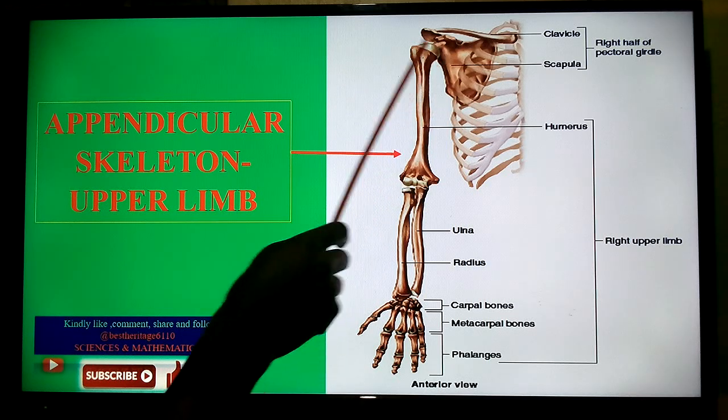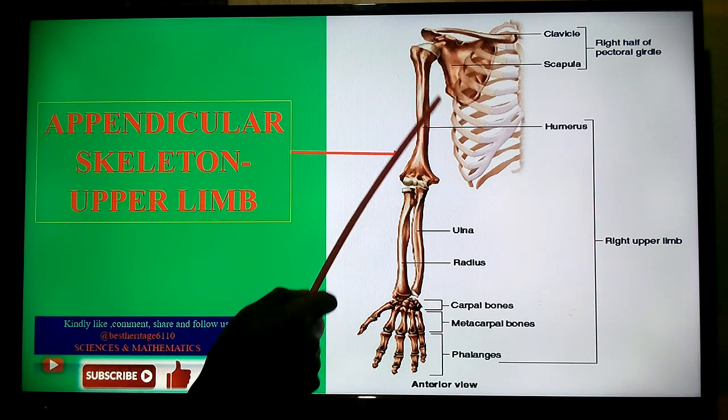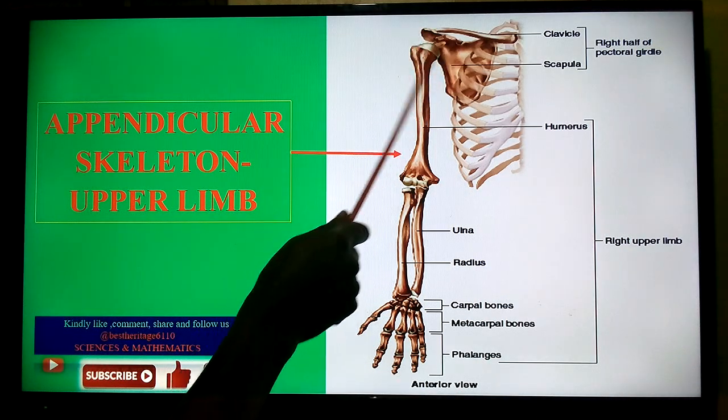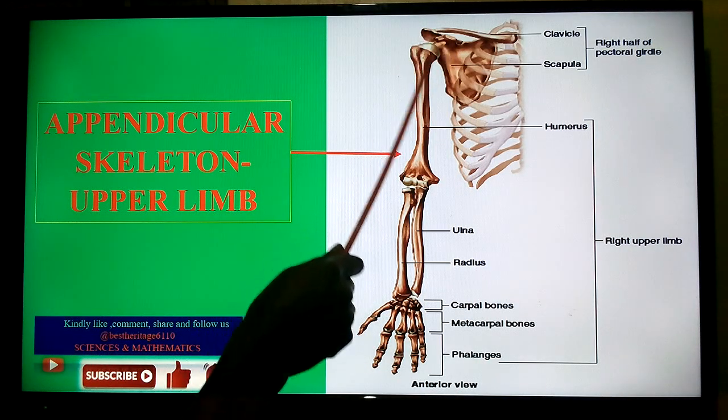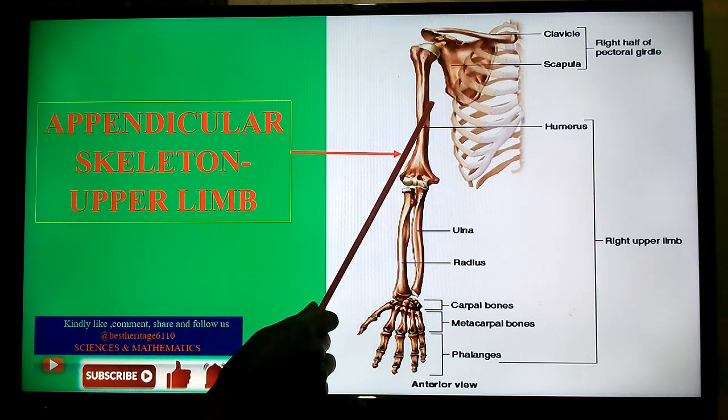From the example that I've given on the board on the appendicular part of the skeleton of the upper limb, this is a junction between one of the bones of this appendicular skeleton, that is a scapula, together with the humerus.